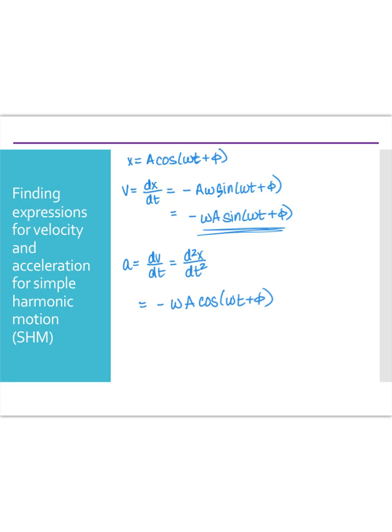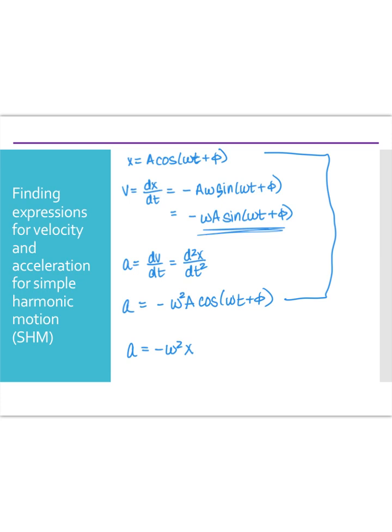And then I have to take the derivative of the angle with respect to t, which gives me another factor of omega, so I'm going to get an omega squared in here. So this is what my acceleration looks like. If I compare position and acceleration, I can say that acceleration is just minus omega squared x.